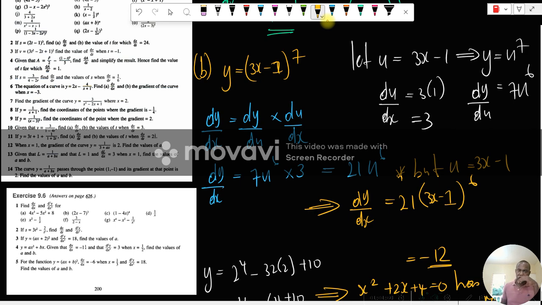That is the derivative of 3x minus 1 to the power of 7 using the chain rule. Any questions?